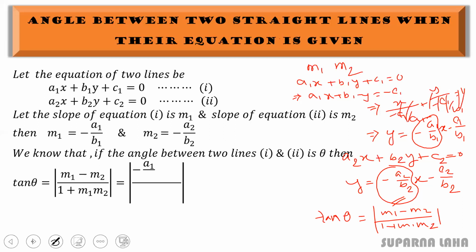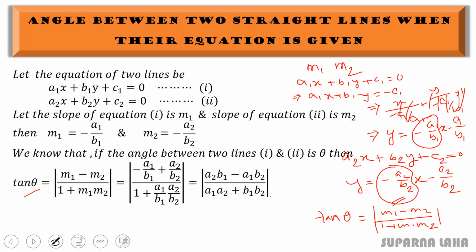Definitely use the mod and just put the value of M1 M2 and simplify it. Just take the LCM and simplify it. You will find the value of tan theta is mod of (A2 B1 minus A1 B2) by (A1 A2 plus B1 B2). Okay, so from here you can easily find theta is equal to tan inverse of this. This is the angle between two lines.